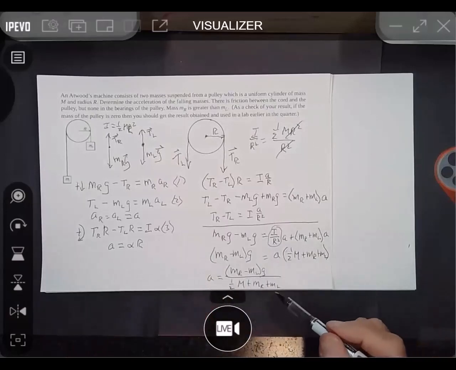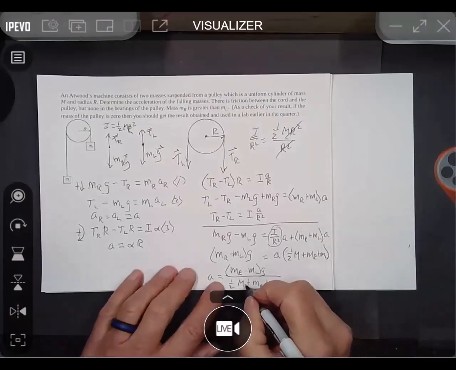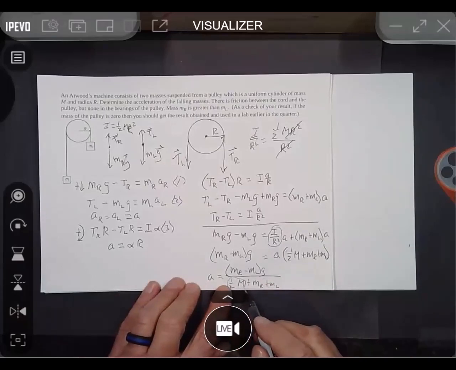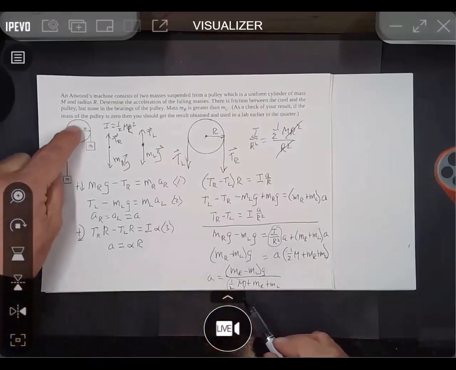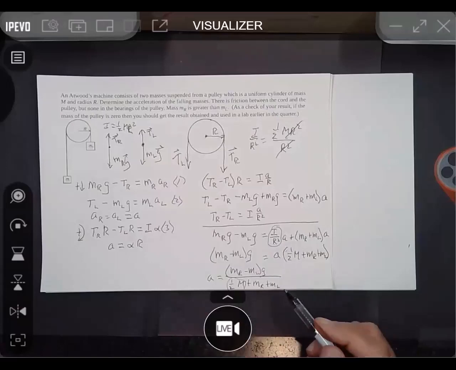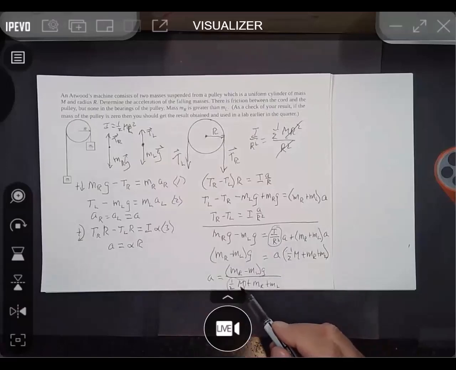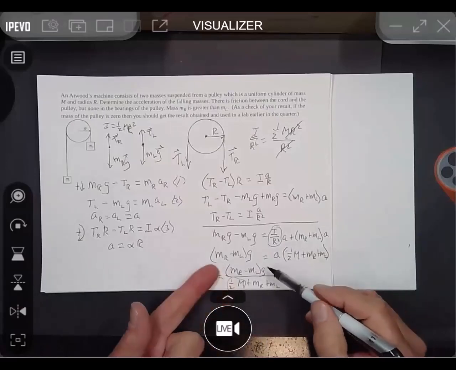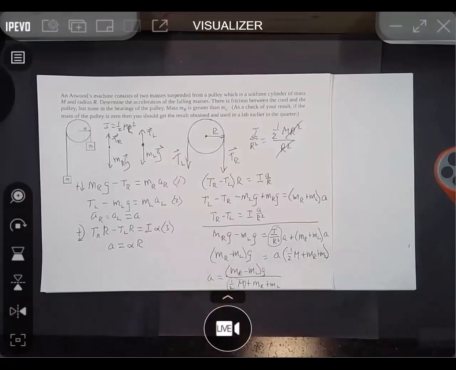Now, it's different from the Atwood's machine lab, and the only difference is that we have that 1/2 capital M, 1/2 of the mass of the pulley that's added on to there. If the mass of the pulley happens to be 0, we have an expression that's identical to the Atwood's machine lab. In the Atwood's machine lab, we always assumed that T sub R and T sub L were the same.